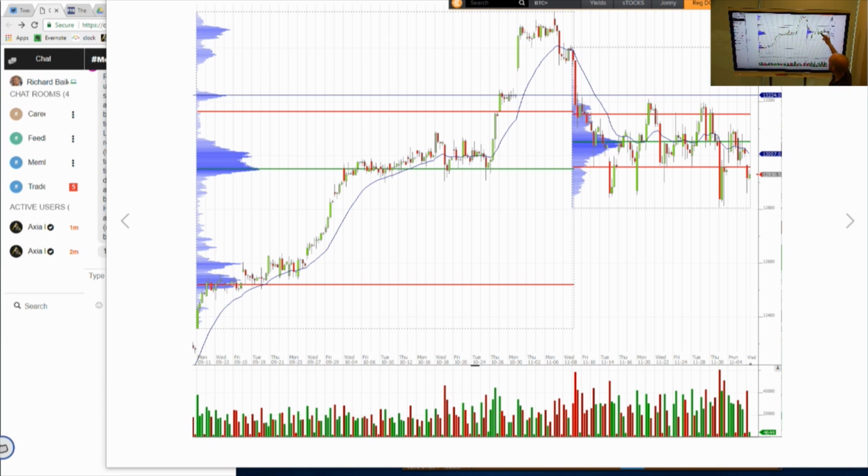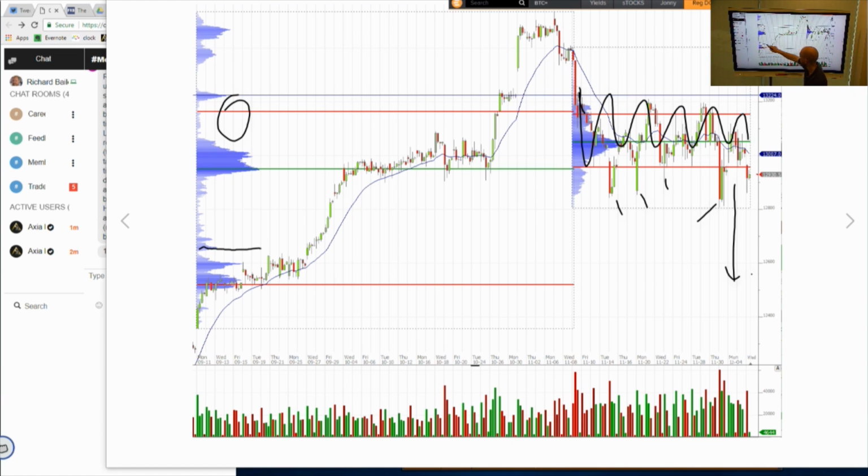And then that's why you can start thinking to yourself, we are likely to spend some time chopping in this area, because that's this low volume area. Likewise, if we drop through, we've had a few goes lower down here, and no real solid hold below. If we do start dropping through, then I think the next area, you've got this very low volume here.